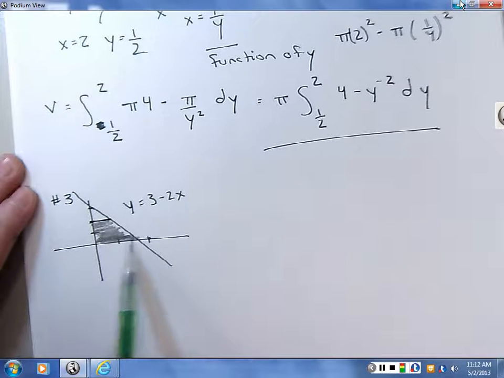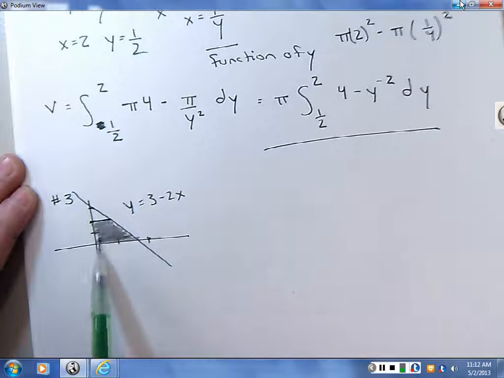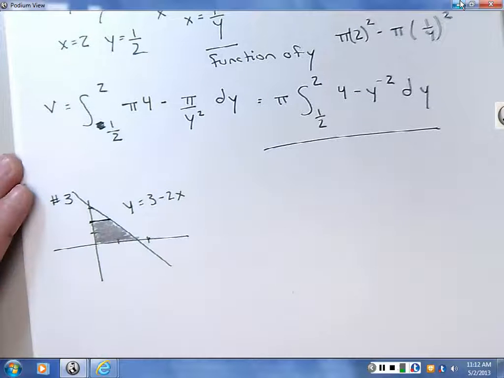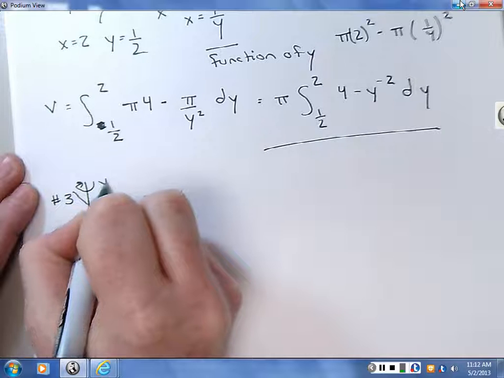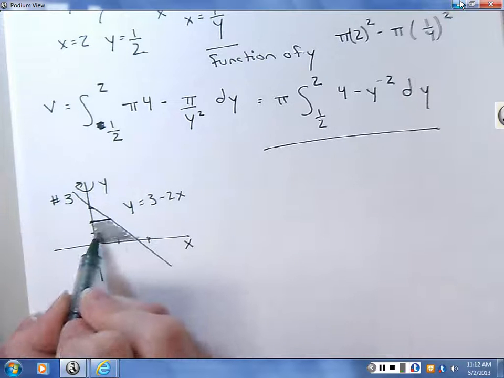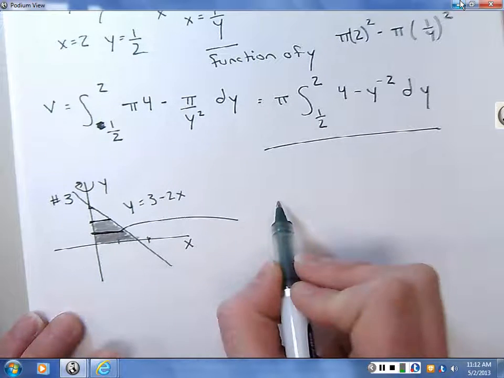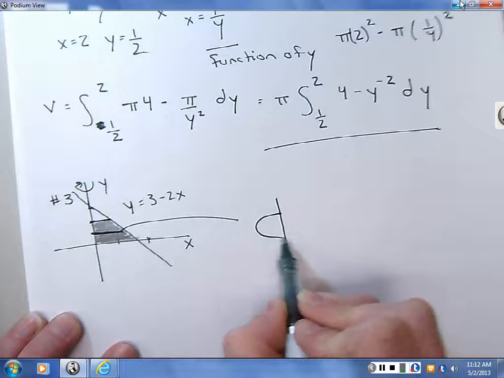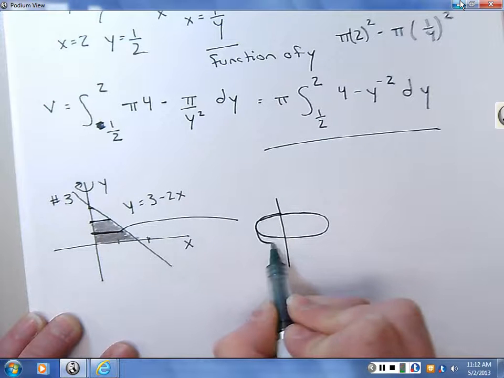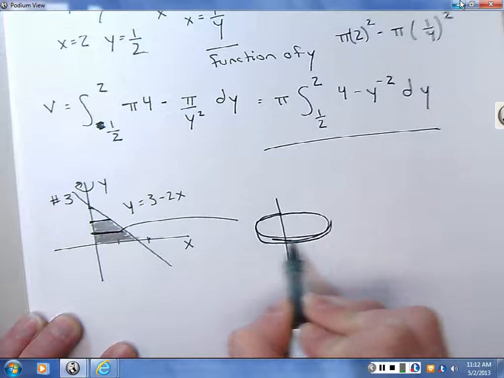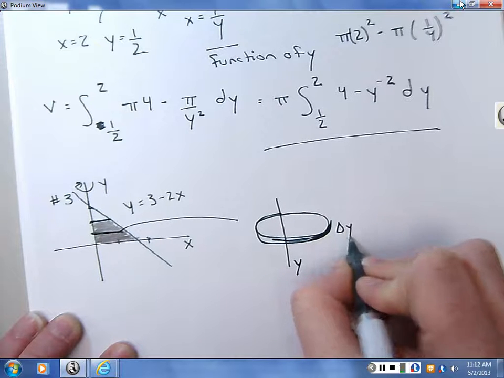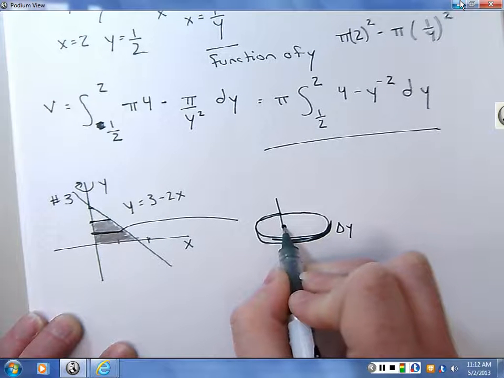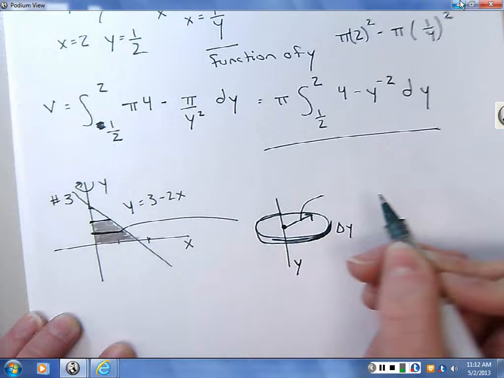So this is going to be a disk, right, when I rotate this about the y-axis. If I take slices, I have this y-axis, and if I take a slice, I get a full disk. So this is my axis of rotation, the y-axis, and this is dy. I want to find the distance from my axis of rotation to my outside function as a function of y.